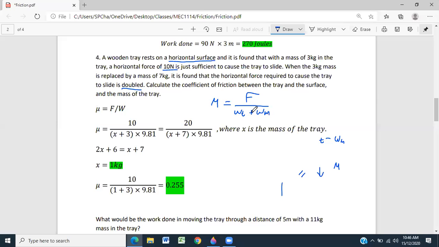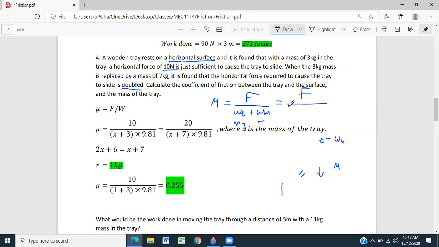Now we can break this down even further, right? And say this is the same F on top. And this weight of tray is, of course, the mass of the tray times gravity, mg. And the weight of the mass is of course mg too, right?